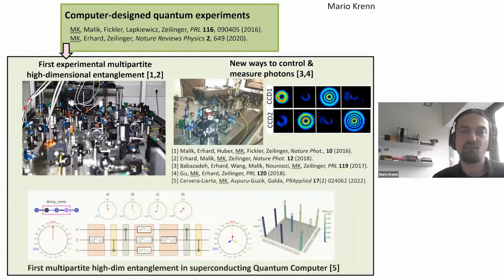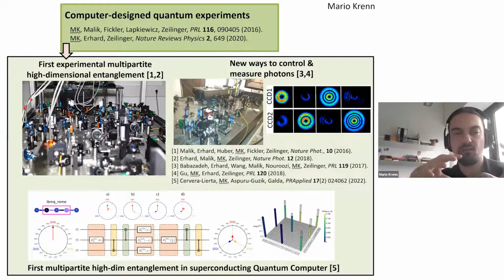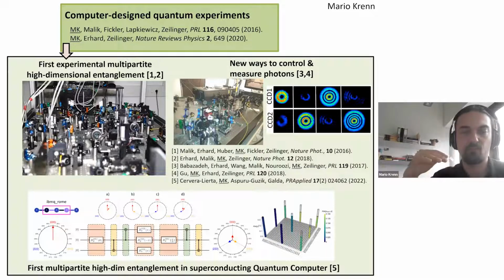Very recently, we have applied this algorithm also to superconducting quantum computers, specifically to the IBM superconducting quantum computer, because they were exploring also higher levels of excitations, basically beyond the level 0 and 1, they were also exploring the level 2.